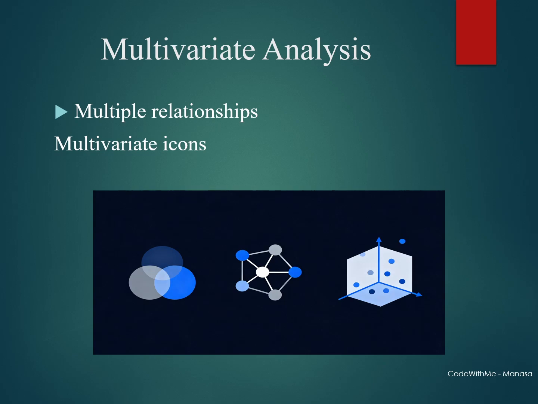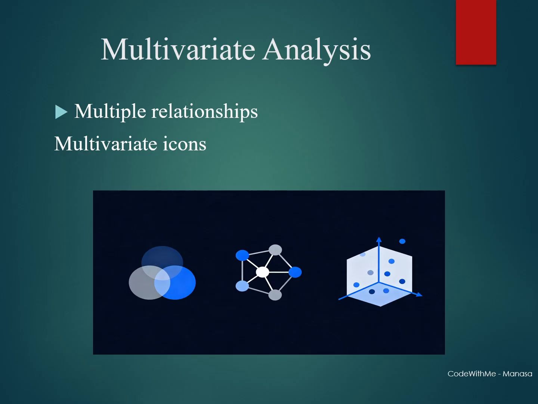We have taken the two categories and we have compared them. We have checked the correlation between them. So here multivariate comes with three or more variables together. So multivariate analysis studies three or more variables together.